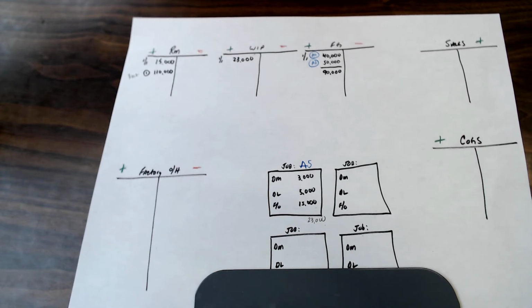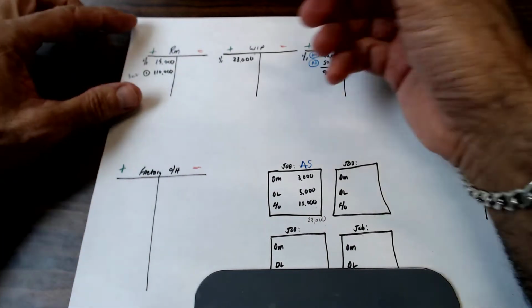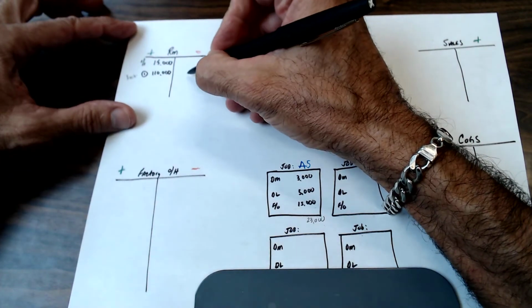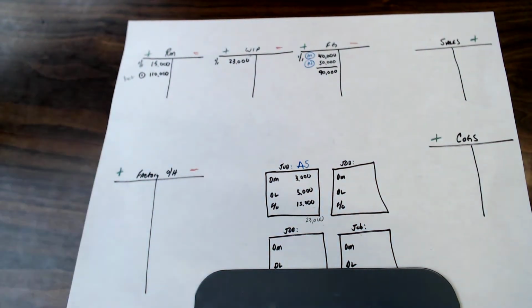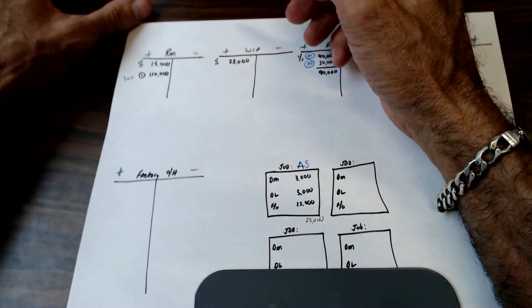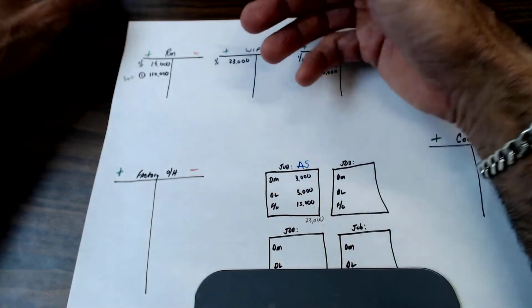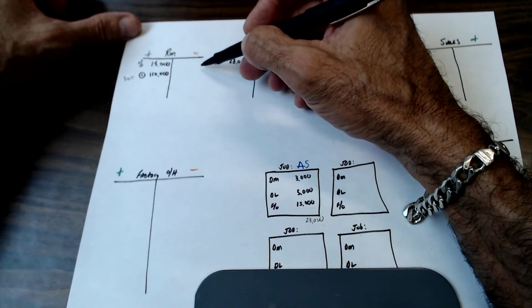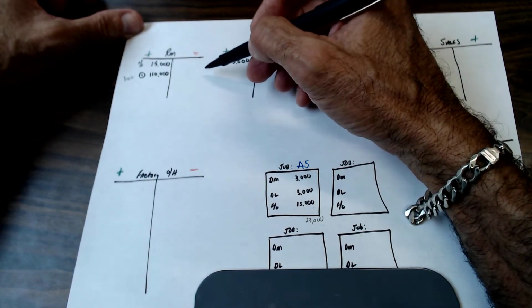Now, second entry, I want to know what materials were actually removed. So I need to get the documents that are prepared when anybody goes and gets raw materials, and those are called material requisition slips.